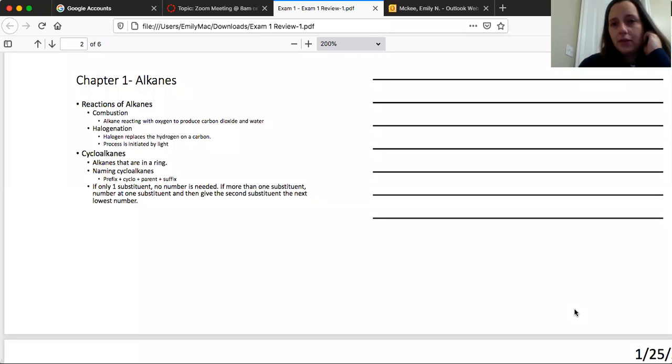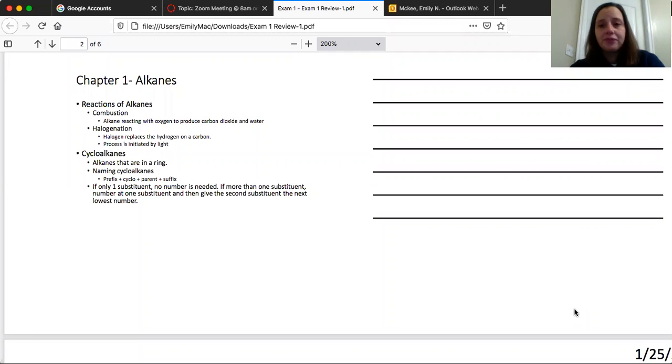And again, it doesn't matter what your alkane is, you'll always get CO2 and H2O. Okay, let me go back to my screen. So anytime it reacts with oxygen, it's going to be CO2, H2O, regardless, as long as it fully reacts.